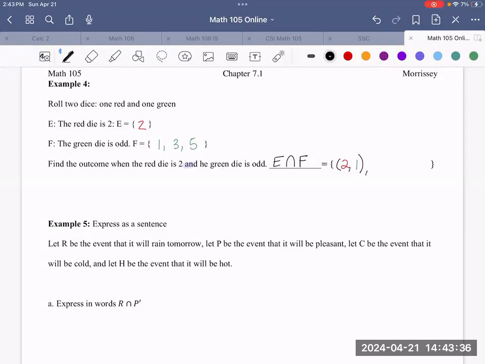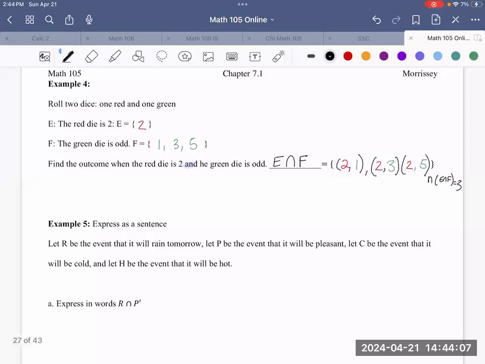Can I do it again? Red is 2, green is odd: 3. One more, red is 2, green is odd: 5. How many different ways can we have this? E and F, we have 3 different possible ways to have this outcome.